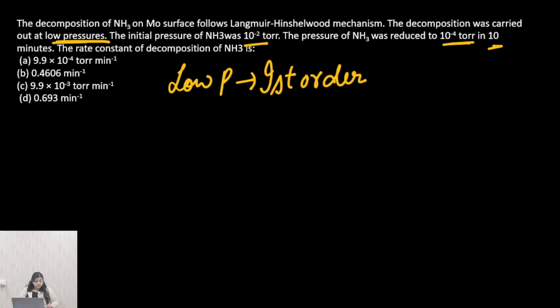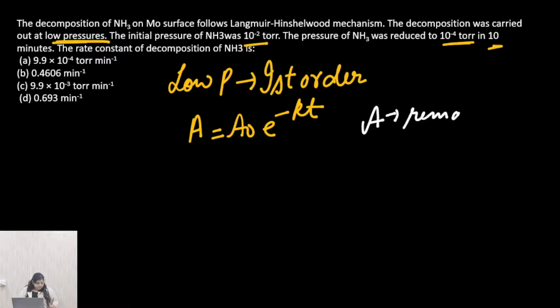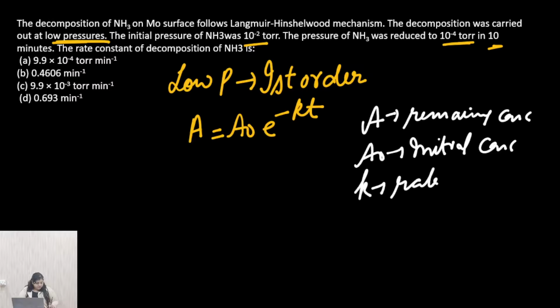So for first order we know that A is equal to A naught times e raised to the power of minus kt, where A is the remaining concentration, A naught is the initial concentration, k is the rate constant, and t is the time. So just substitute the values you have. This is your time.